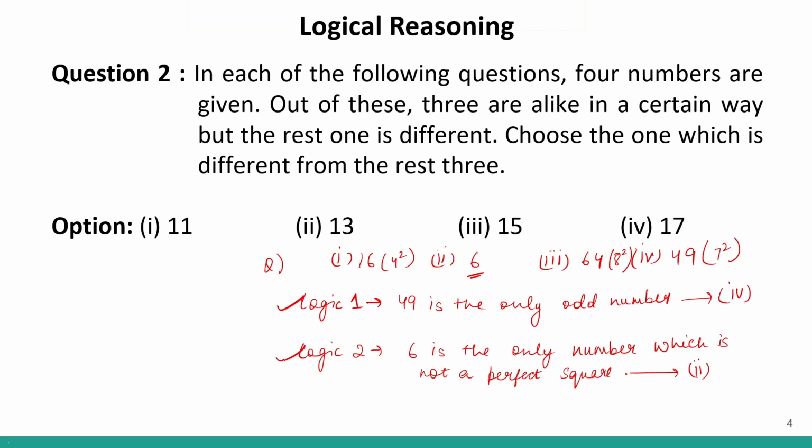When you solve that question, maybe some other logic is used. And when a third teacher or a third student is solving this question, they can look at it in a different way. They can find a different logic and then find the answer. So these questions that we are currently solving can have more than one answer.